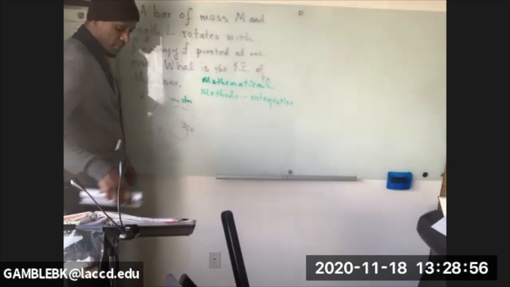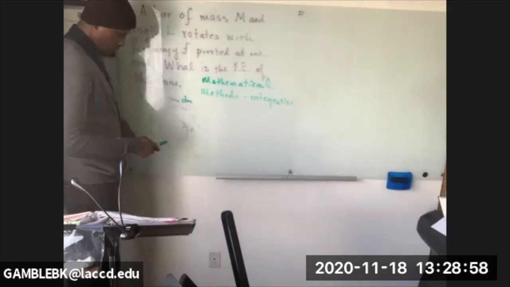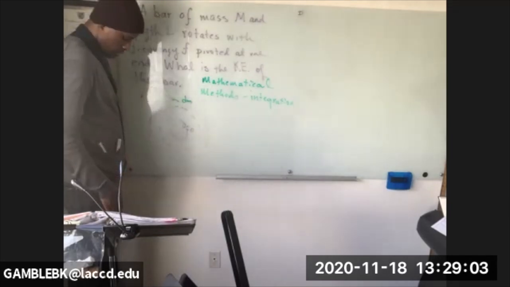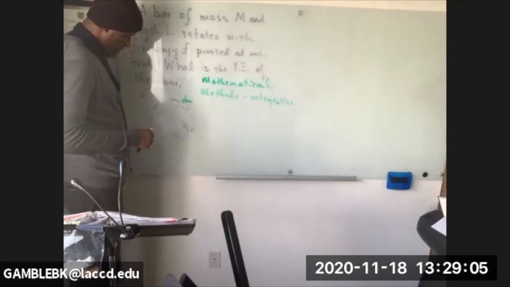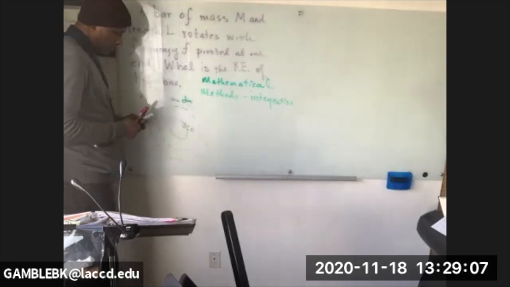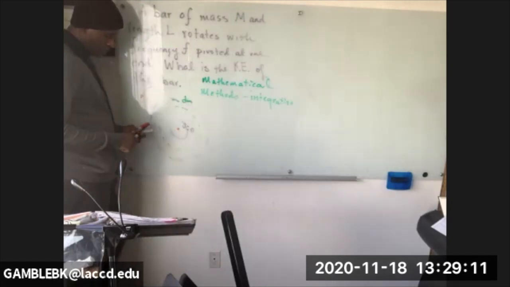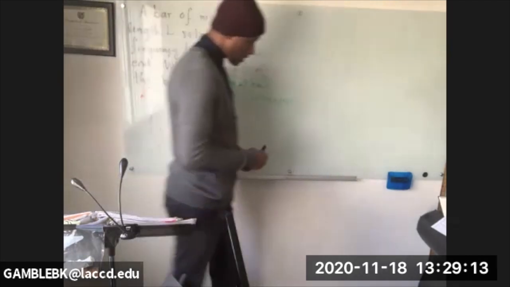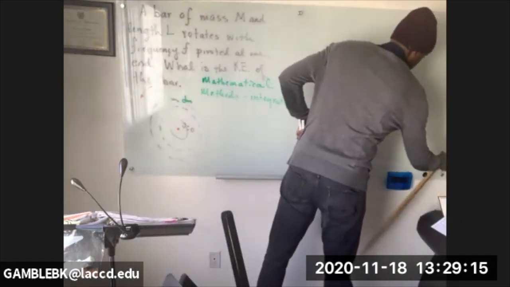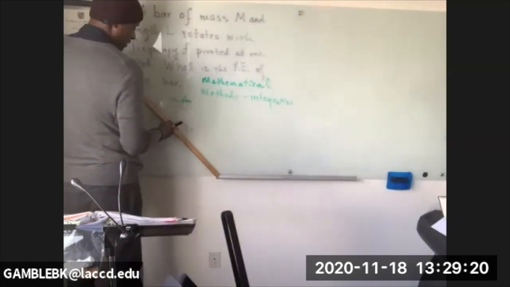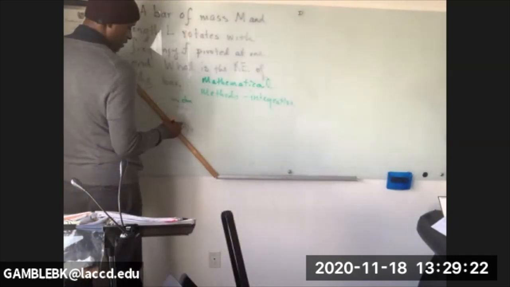So the mass density would be linear mass density, as opposed to volume or area. I can think of this as a bar that just has dimensions of length. I think that's the route to go, because they don't give any dimensions there. You have to make these assumptions based on the way things are asked.